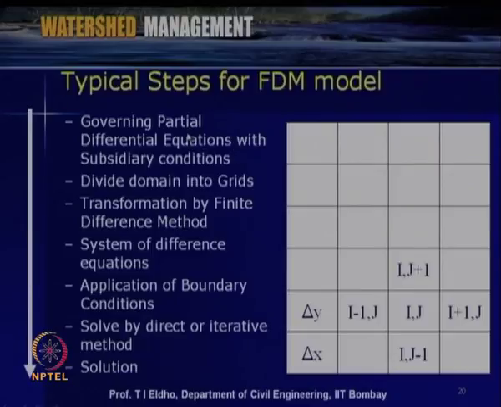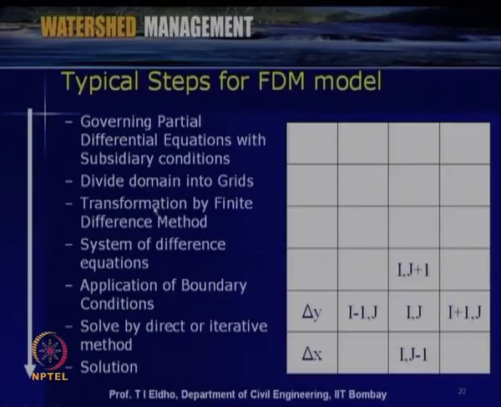In the finite difference method, we can typically follow a step by step procedure. For the given governing partial differential equations and boundary conditions, we can divide the domain into grids as shown here, and then at the nodal junctions we can identify various values like i minus 1, j or i, j. We can write 1 to m in the horizontal, row wise, and 1 to n column wise also.